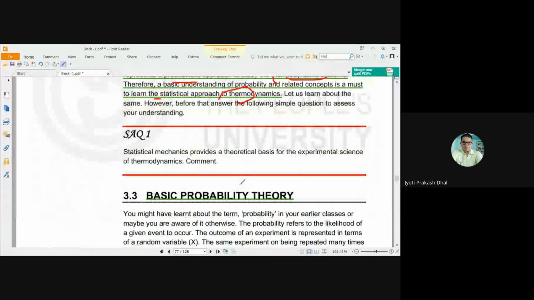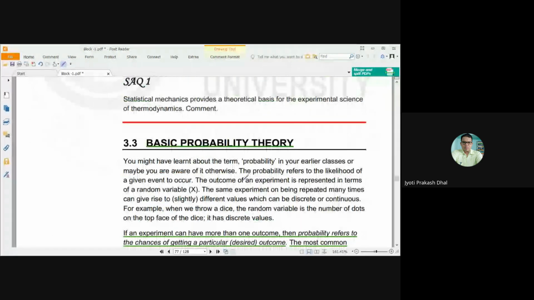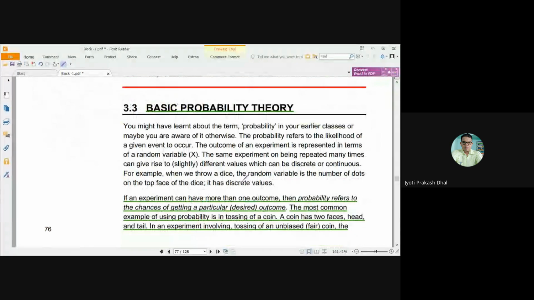Now, before going to the details of statistical thermodynamics, in this first unit we'll discuss some very simple statistical methods. The first one is basic probability theory.